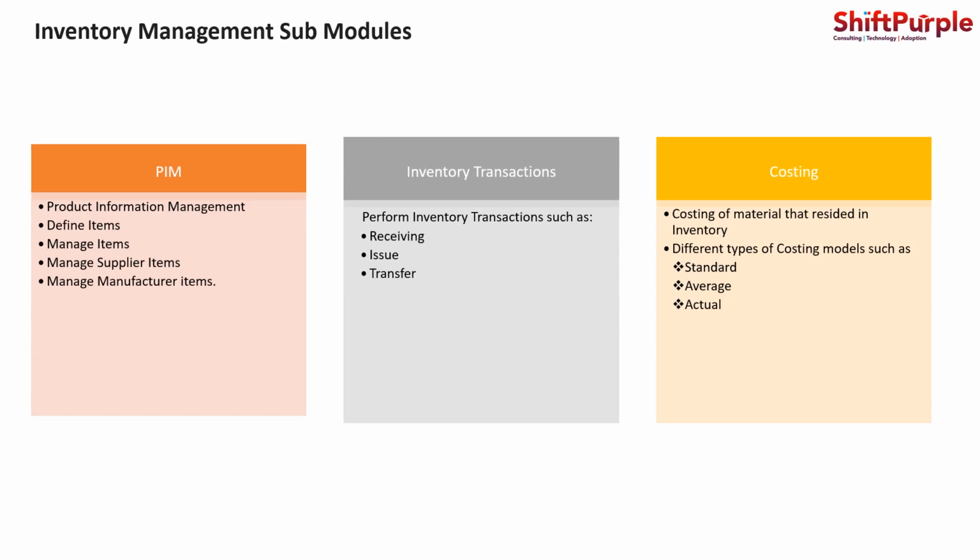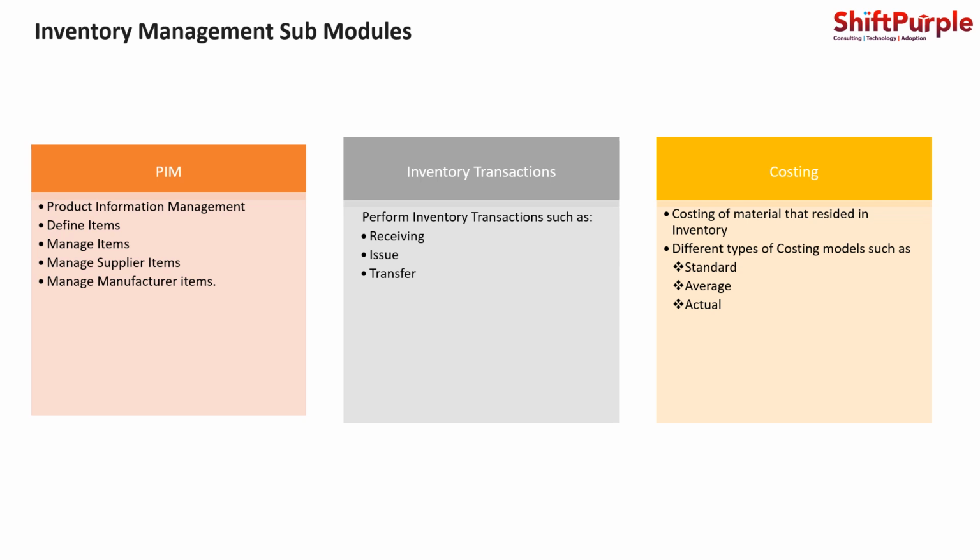As we know, there are different sub-modules of inventory management itself. In other words, different modules comprise and collaboratively are known as inventory management. We have PIM, Product Information Management, where we define the item, manage the supplier items, and manage the manufacturer's items. In the inventory transaction section, we perform inventory transactions such as we receive, we issue, we transfer.